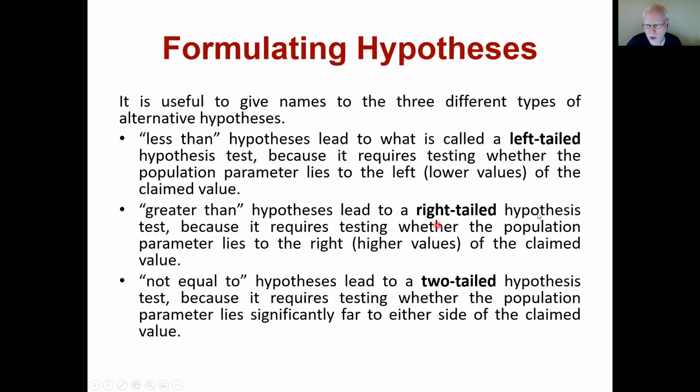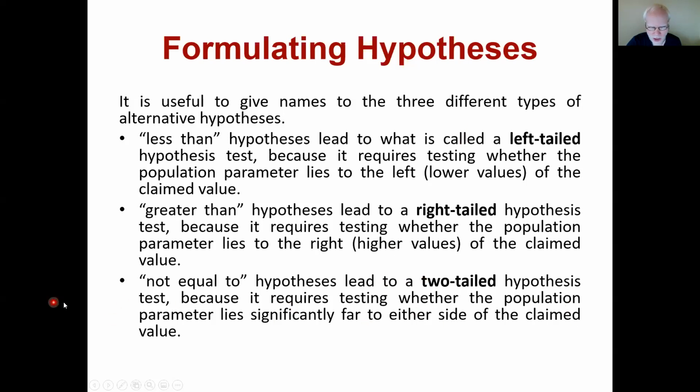Greater than, we're looking at the right tail because it requires testing whether the population parameter lies to the right, higher than, greater than. So greater than 0.5, say. And then not equal to is called a two-tailed hypothesis test because it requires testing whether the population parameter lies significantly far to either side of the claimed value. So we're not making a guess about whether it's the right or left side. We're just saying it's far.